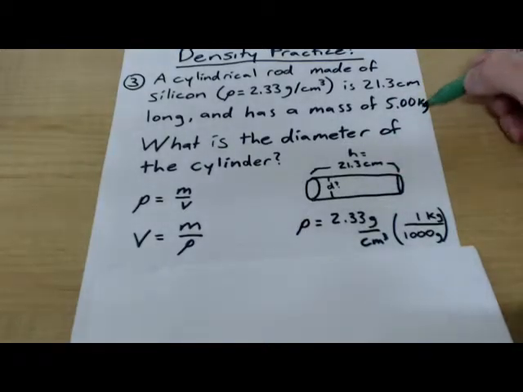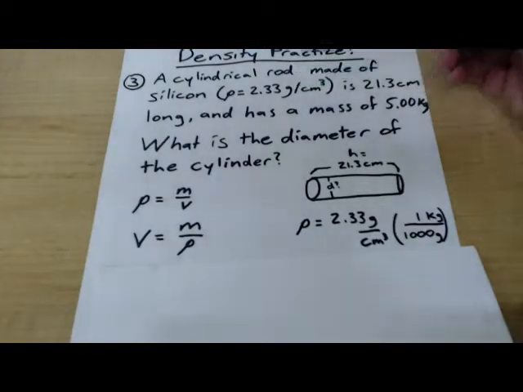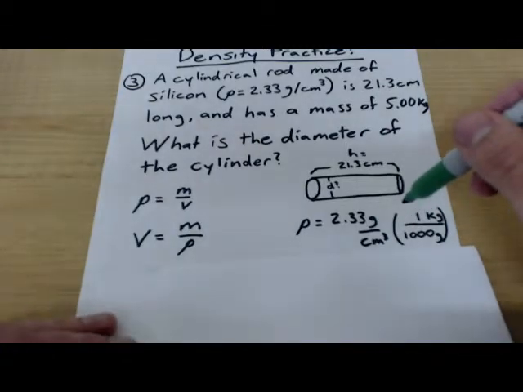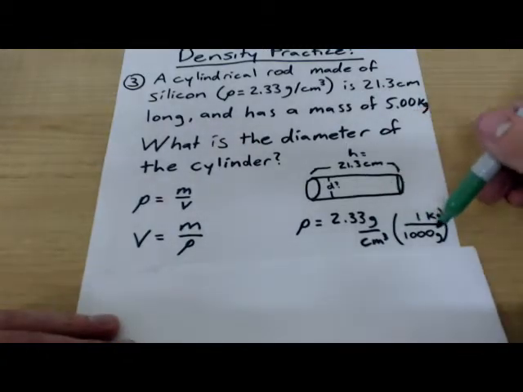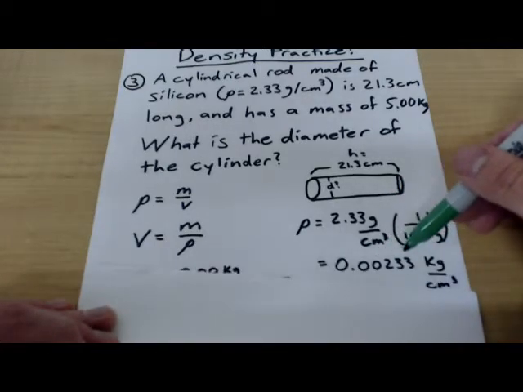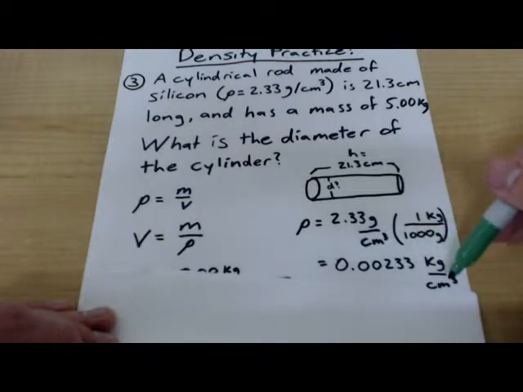Notice our mass is in kilograms and our density is reported in grams. So we need to change this to kilograms, and we can do that by simply dividing by 1,000. The grams cancel out, and we get 0.00233 kilograms per centimeter cubed.